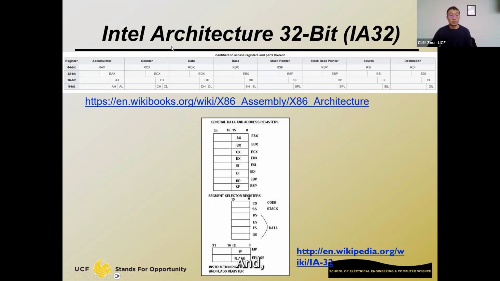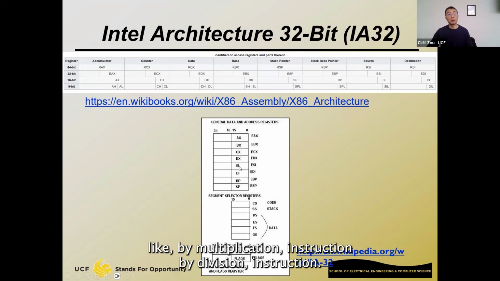In Intel-based architecture, the CPU has many registers. They are called common registers. This A, B, C, D are common registers that can be used in whatever way you want. The SI and DI can usually be used by special instructions, like the multiplication and division instructions.